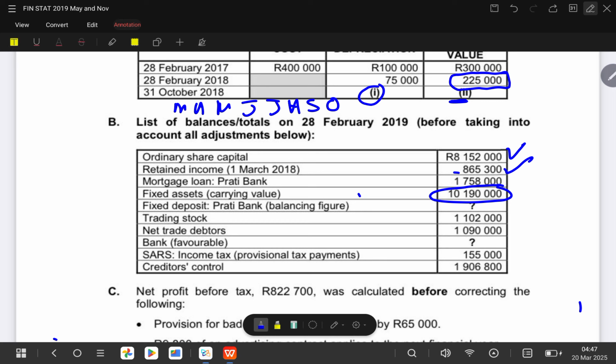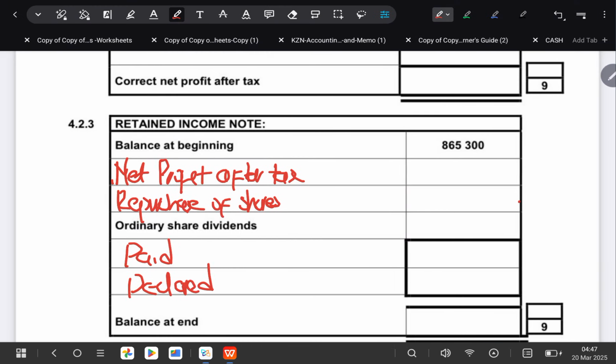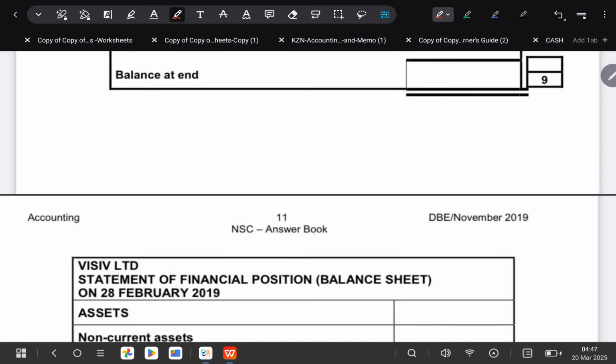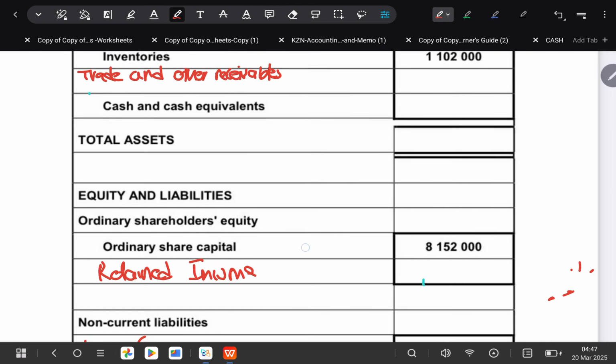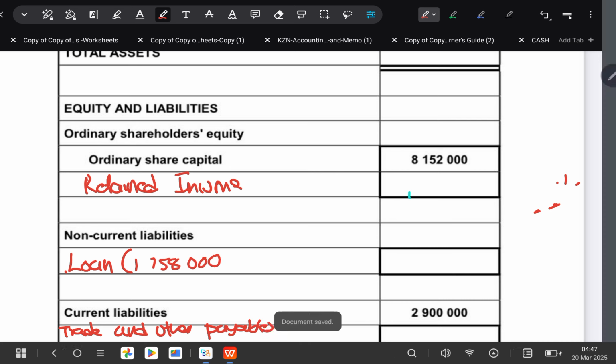You have your mortgage loan of 1,758,000. I saw that there are no adjustments, so we can enter it in our balance sheet for now.